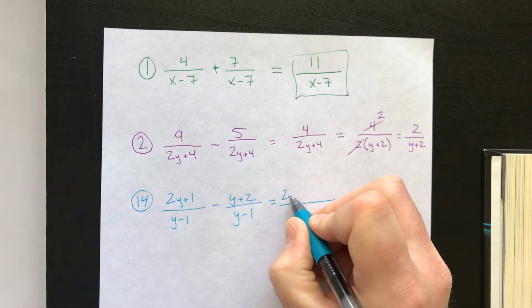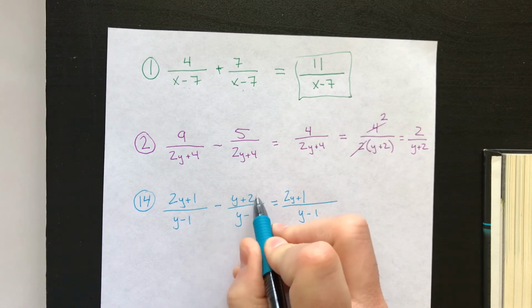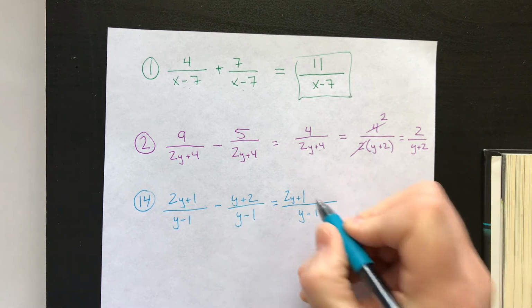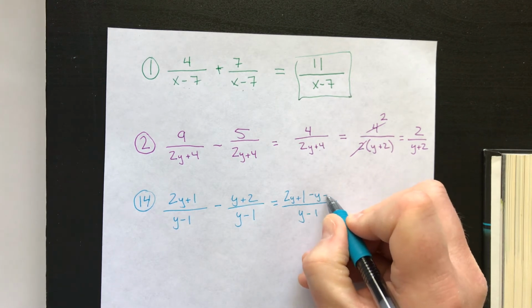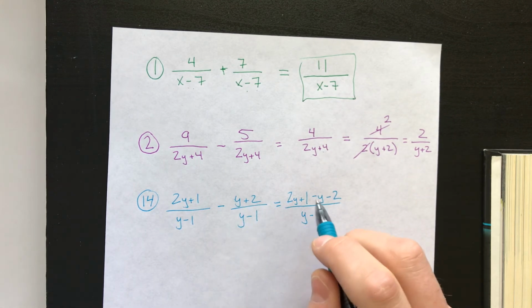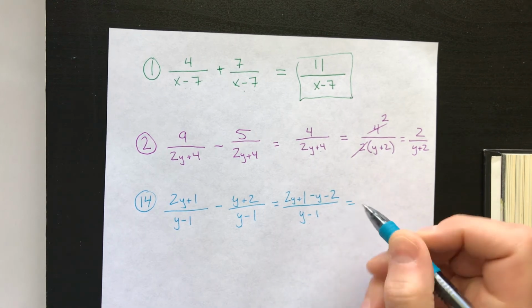But in the numerator, we have 2y plus 1. Now, we are subtracting this entire quantity, so both terms are going to change the signs. The positive y becomes a negative y, the positive 2 becomes a negative 2. And then we can figure this out.